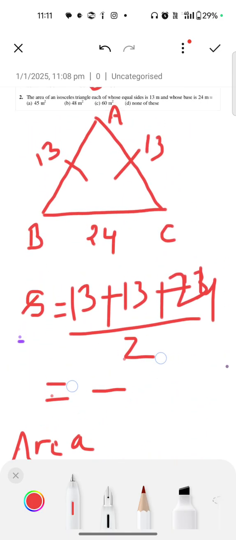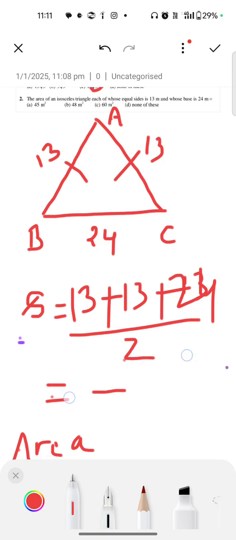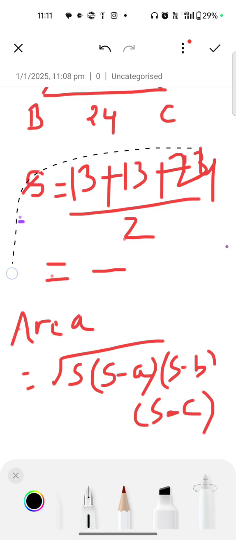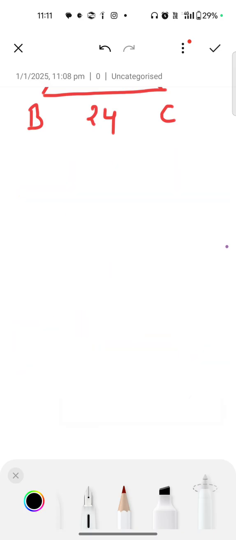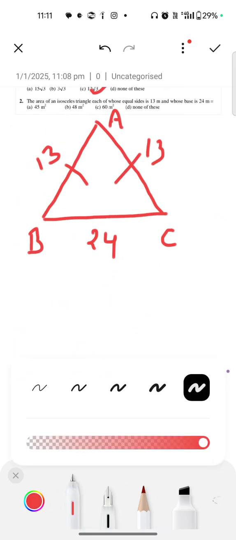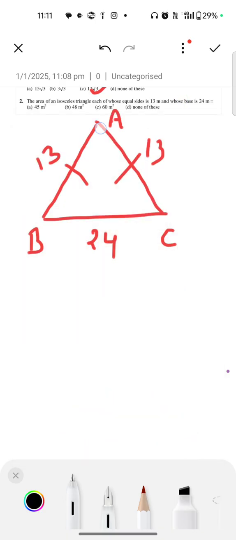Suppose you don't want to apply Heron's formula here, so what other way can you solve this question? You can make a perpendicular here, and you know that in an isosceles triangle, median and altitude are the same.